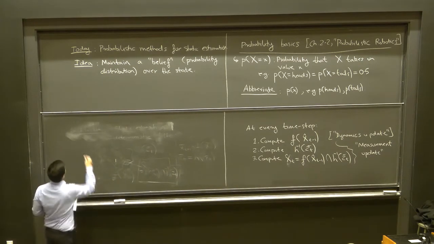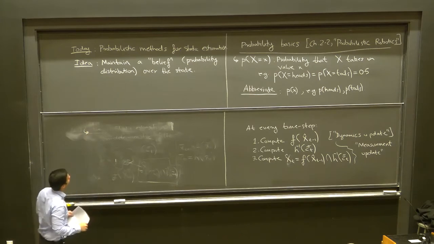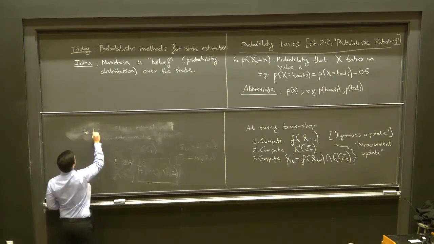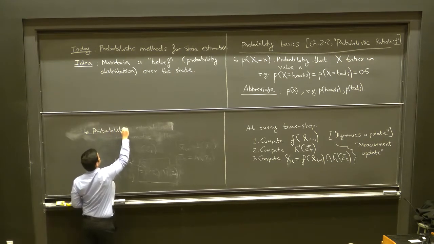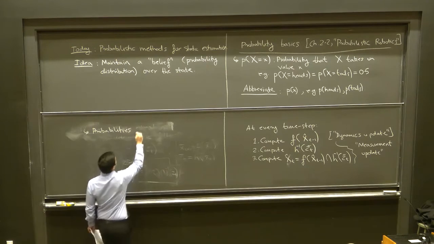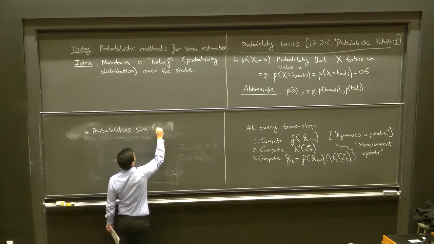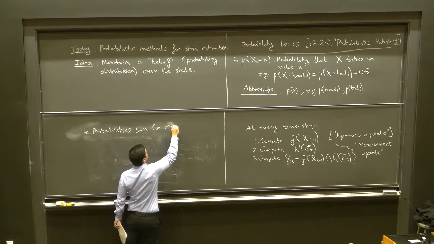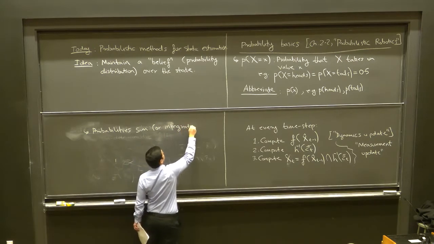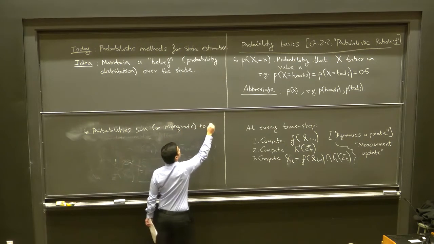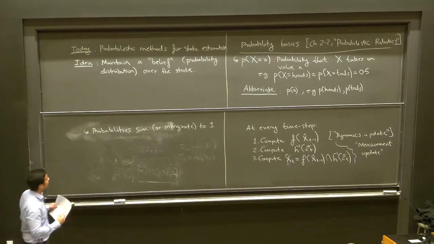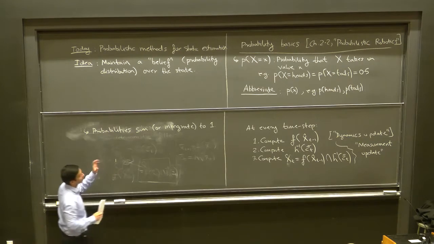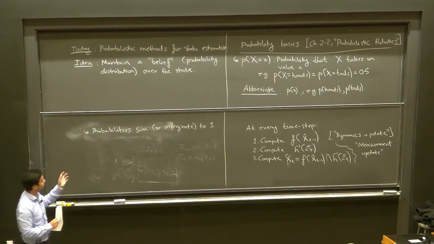And one basic fact about probabilities, maybe the most basic fact, is that probabilities sum or integrate to 1. And whether we look at summations or integrals depends on whether the random variable takes on a discrete set of values or potentially a continuous set of values.